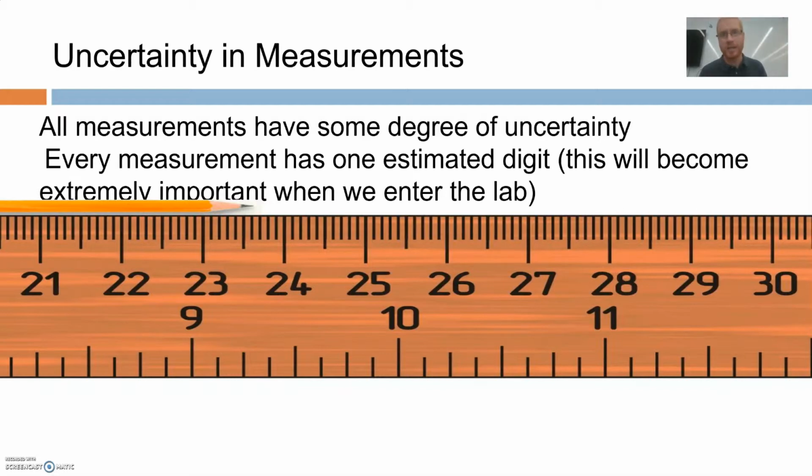So if a graduated cylinder measures to the nearest milliliter, you're going to estimate to the nearest tenth of a milliliter. If a balance measures to the nearest gram, you're going to measure to the tenth of a gram. If it measures to the nearest tenth of a gram, you're going to measure to the hundredth of a gram. One place beyond what you can read.